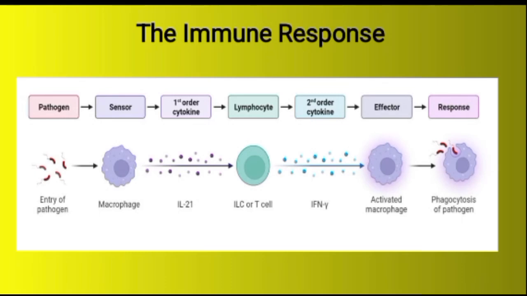Now the presence of the T cell will also trigger the action of interferon gamma, which also acts using a concentration gradient to activate the macrophages. And you know, upon activation, the macrophages function by phagocytosis.